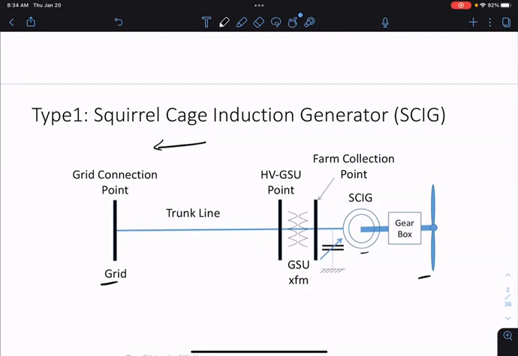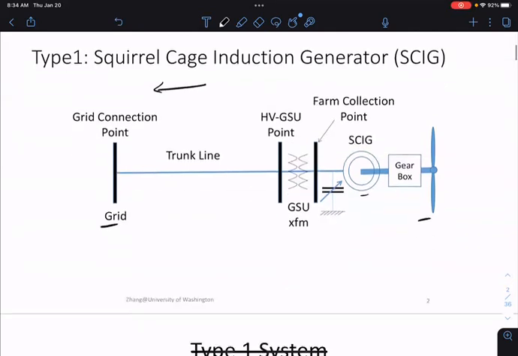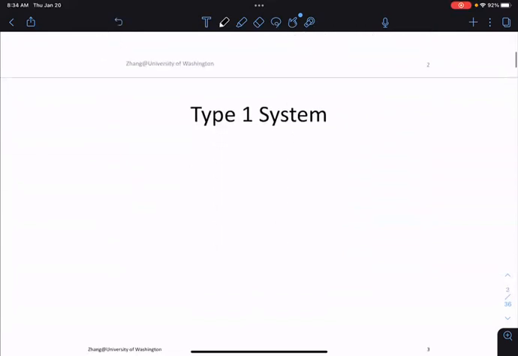Then if we look at the circuit diagram, it's something like this. Again, this is the grid.